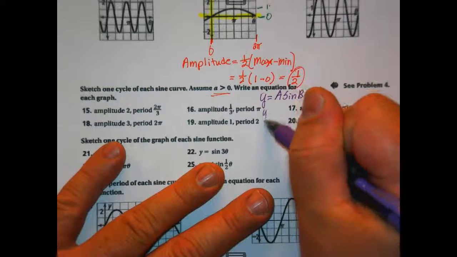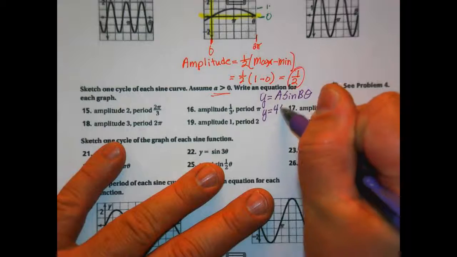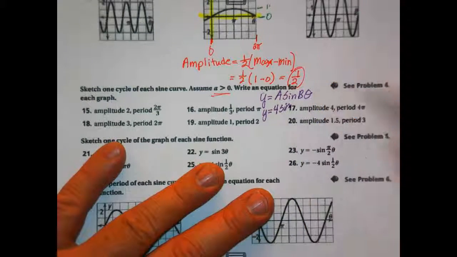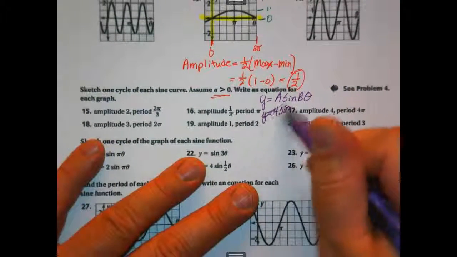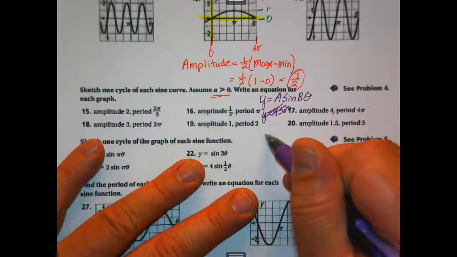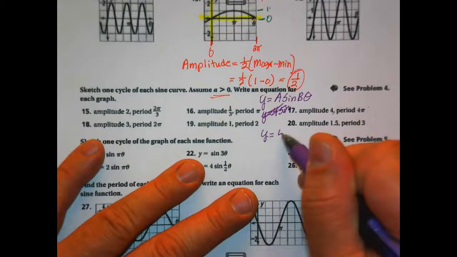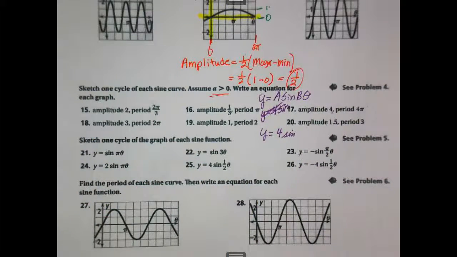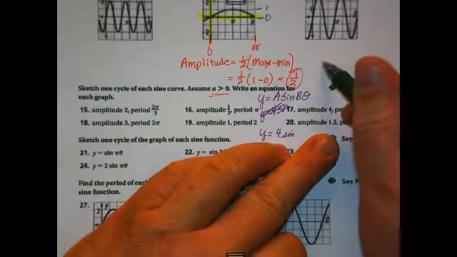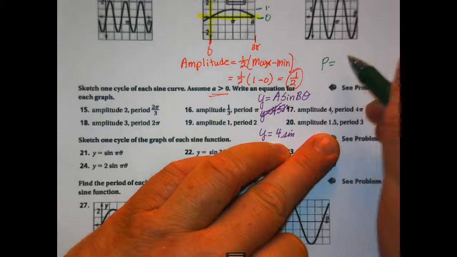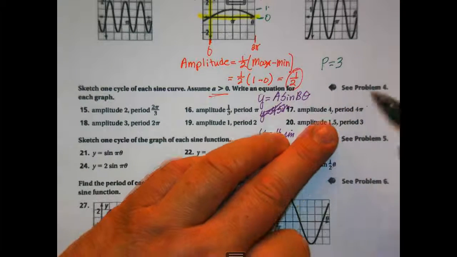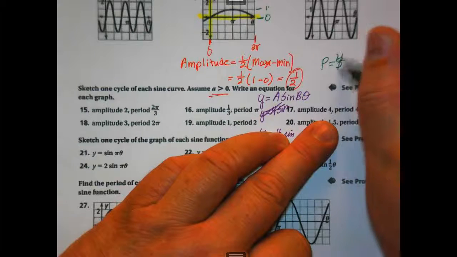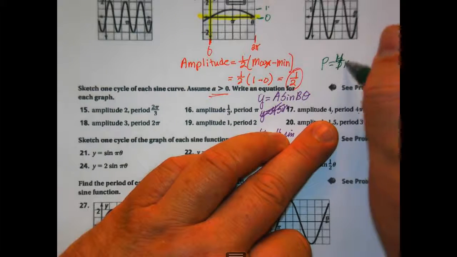So we have Y equals 4 sine. We have to find B. They told us the period equals... no, sorry, 4 pi. Doing the wrong problem.